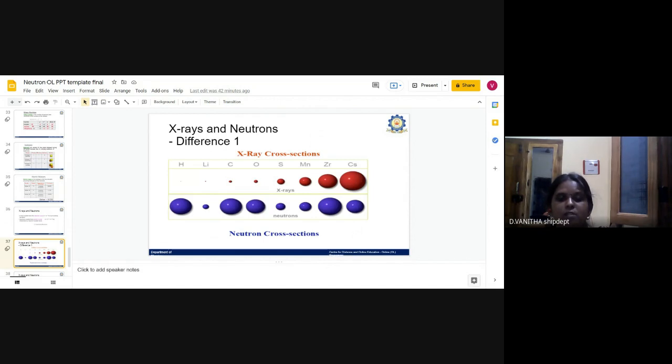But for the neutron cross-section, it is not like that. Hydrogen, zirconium and carbon have high neutron cross-sections. For others, it will be varying. There is not a gradual increase in the X-ray cross-section or neutron cross-section.